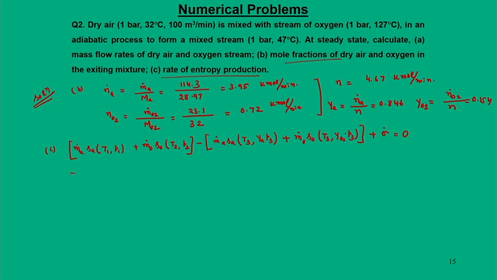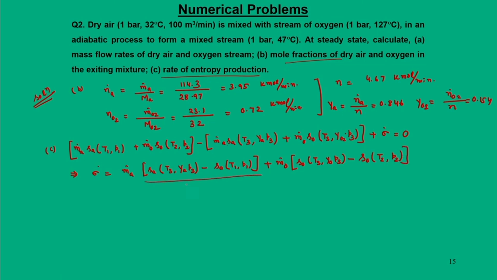When you solve it, it gives the expression that sigma dot is m dot A times (SA at T3, YA P3 minus SA at T1, P1) plus m dot O times (entropy of oxygen at temperature T3, YO P3 minus entropy of oxygen at temperature T2, P2).